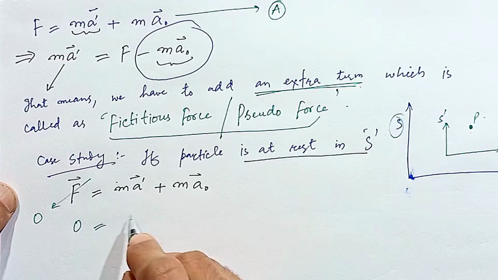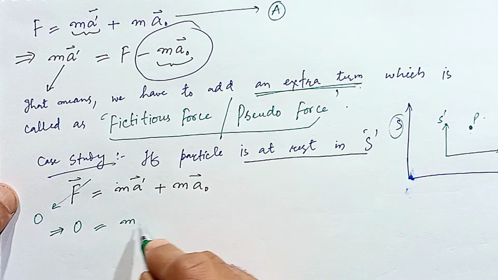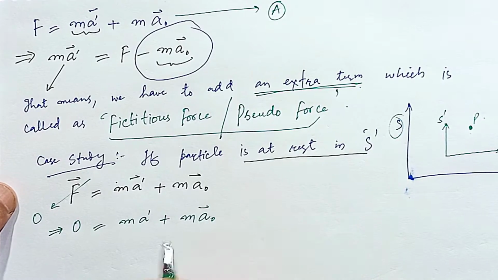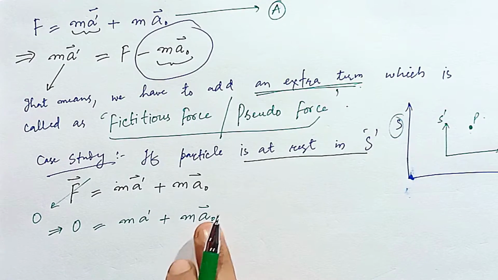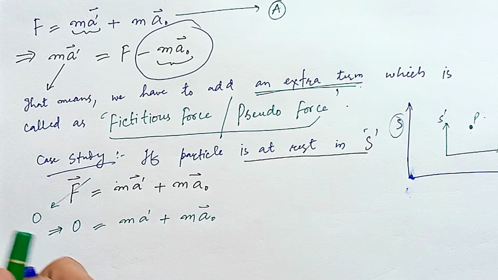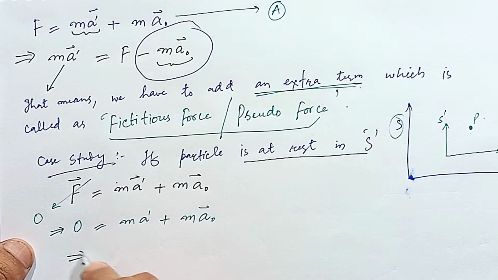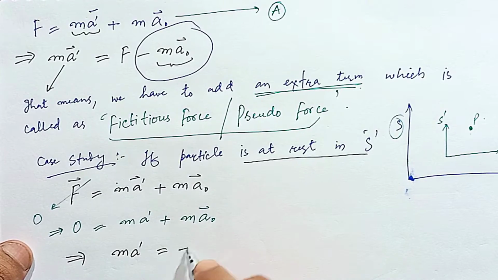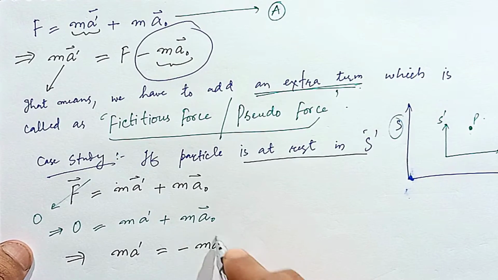That is, 0 equals mass times a prime plus mass times a naught. On rearranging, we get m times a prime equals minus m times a naught.